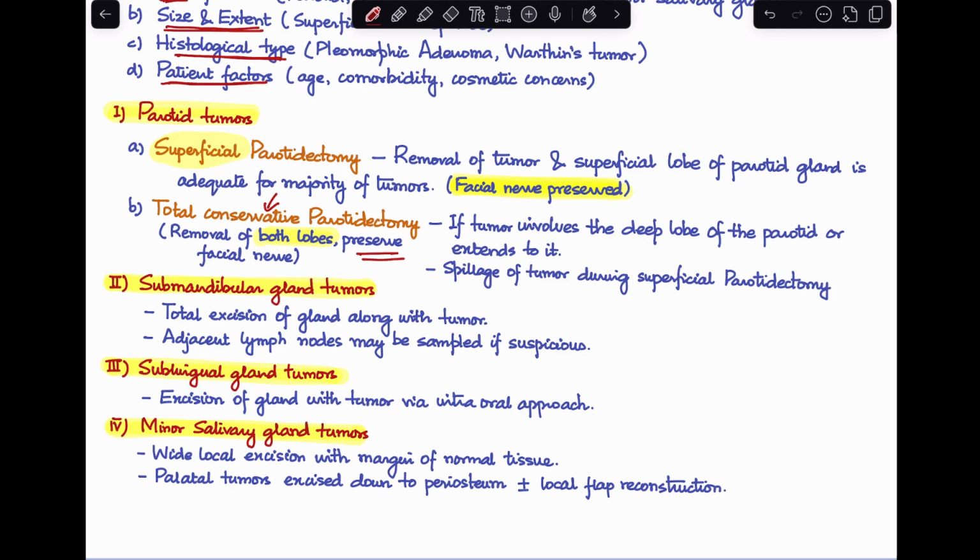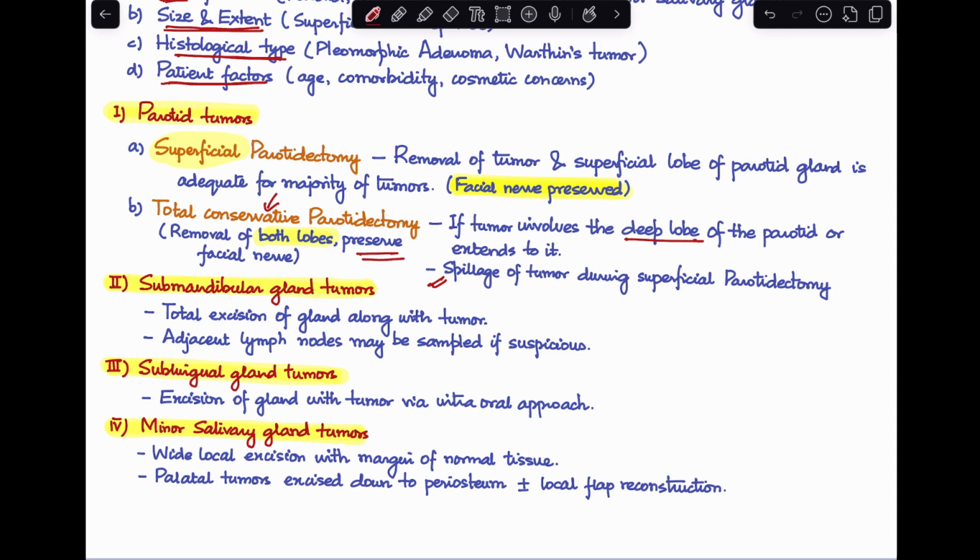So, the first indication is when the tumor has involved the deep lobe of the parotid. And the second indication is if there is any spillage of tumor during superficial parotidectomy. In that case also, we will perform a total conservative parotidectomy. So this was about parotid tumor treatments.